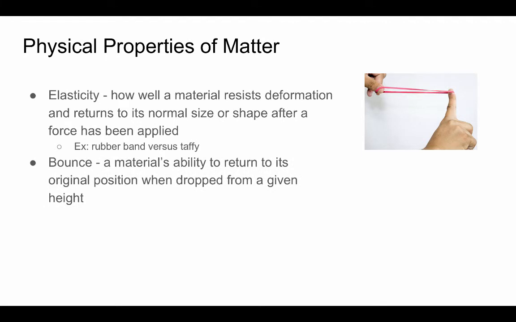Another physical property to consider of materials that you're using is bounce. Bounce is a material's ability to return to its original position when dropped from a given height. You think of a ball when you think of bouncing. So examples of that are a soccer ball versus a bowling ball. A soccer ball has much more bounce than a bowling ball.